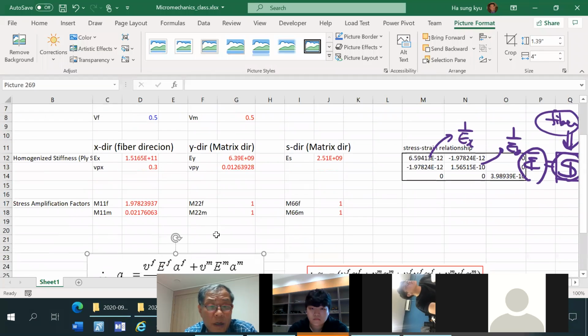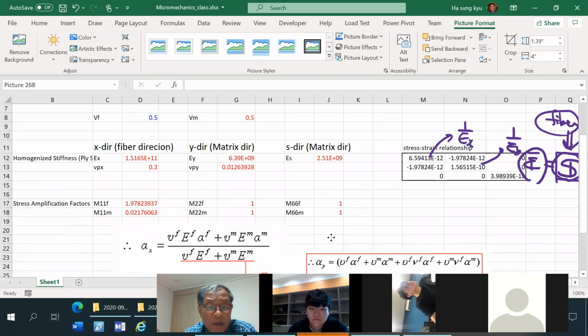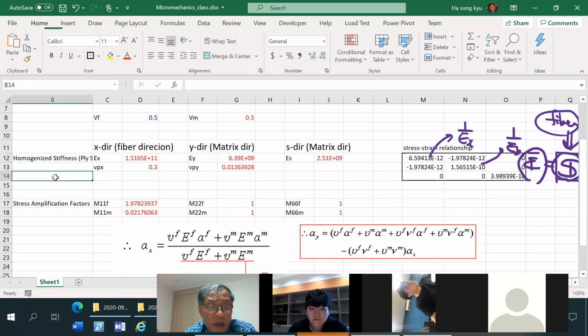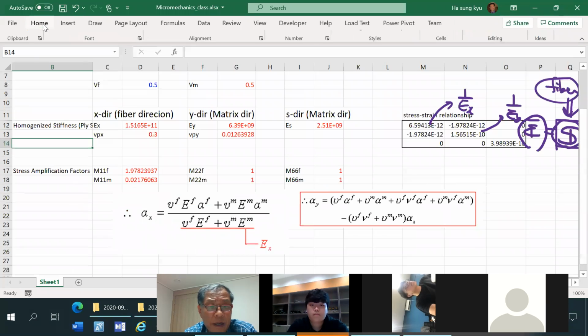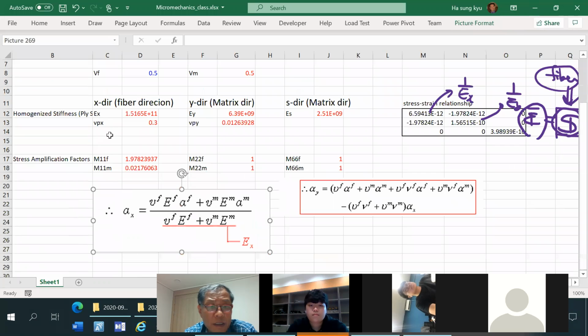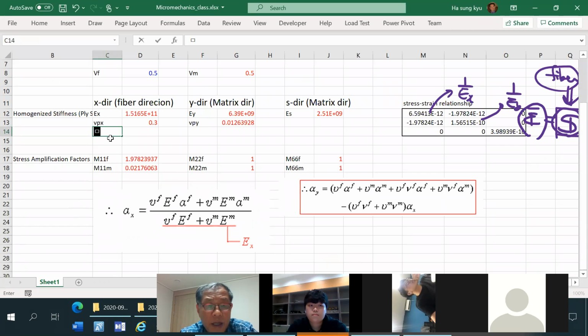Okay, so to make the complete homogenized stiffness, we can add a CTE. I will call alpha x and CTE in Y.